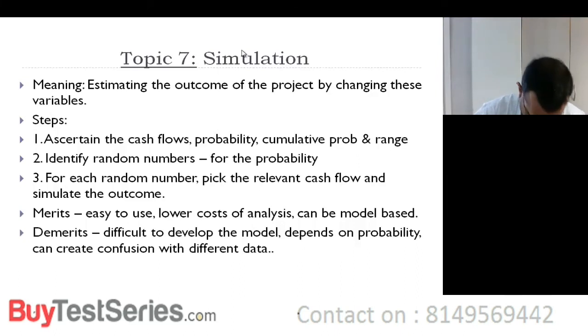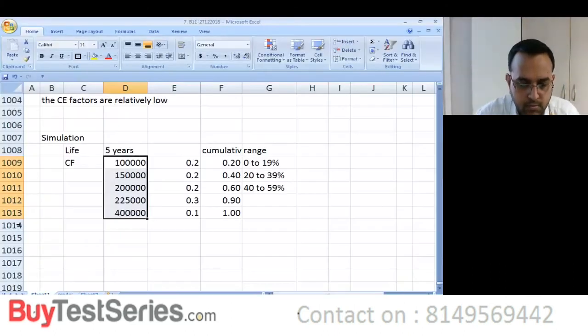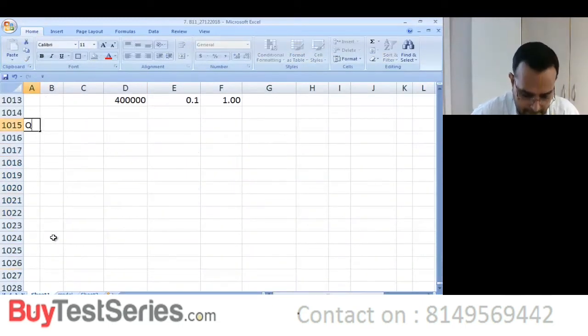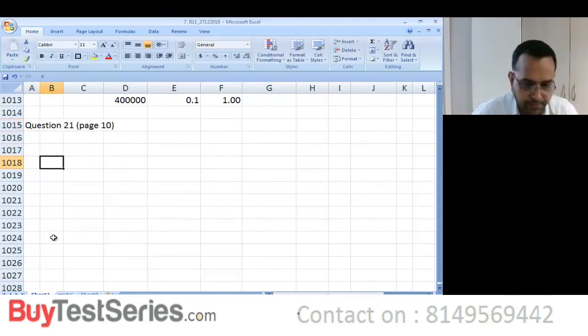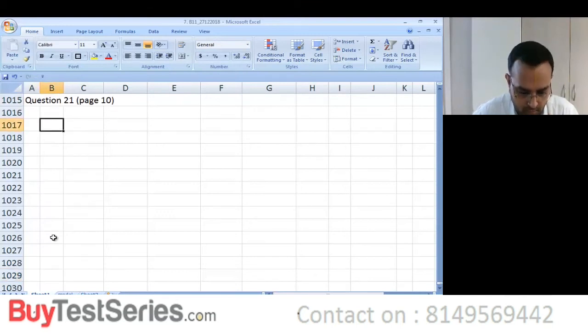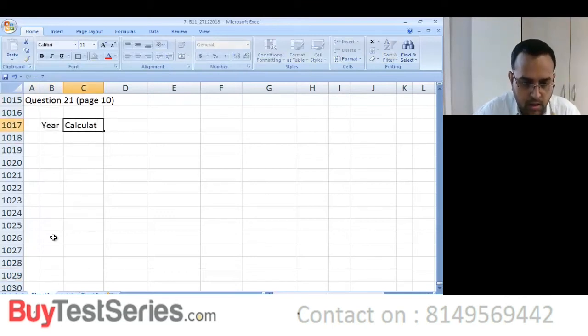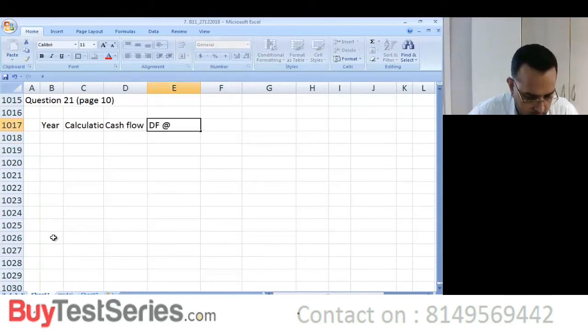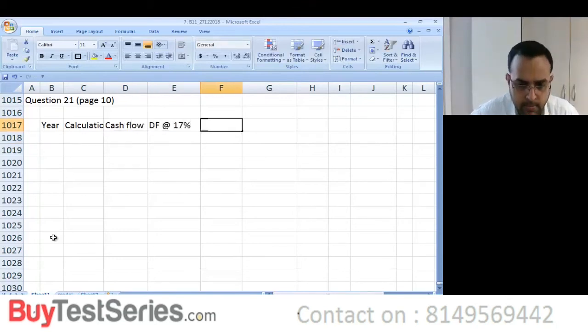Let's work on this. Calculation: cash flow, discounting factor, discounted cash flow.